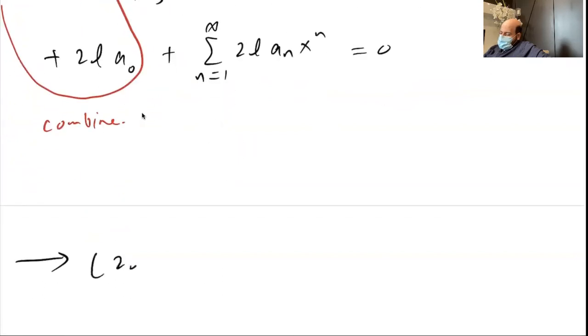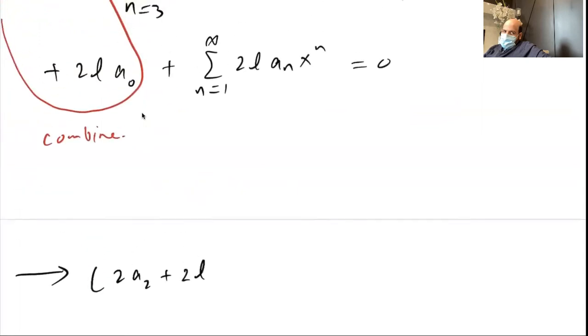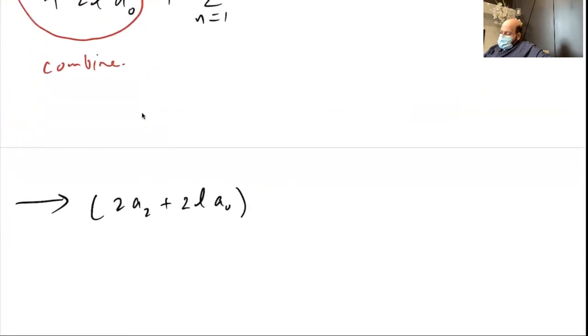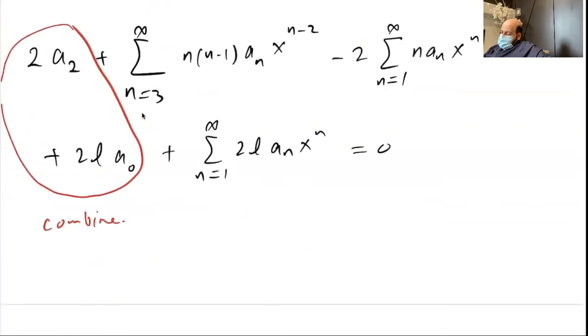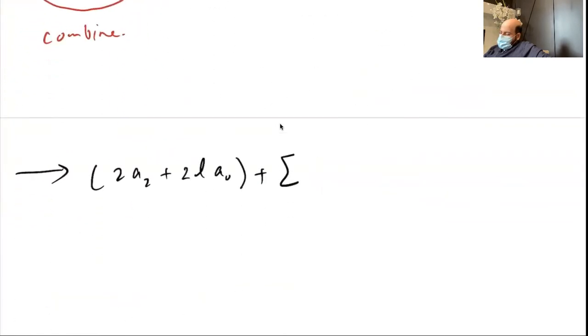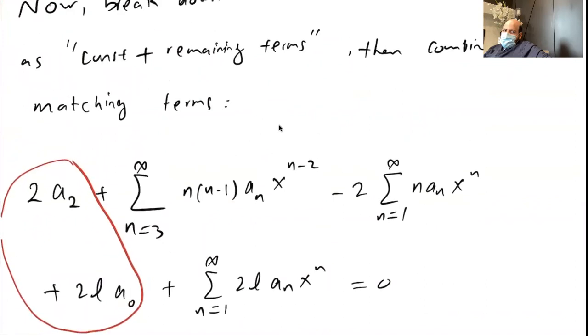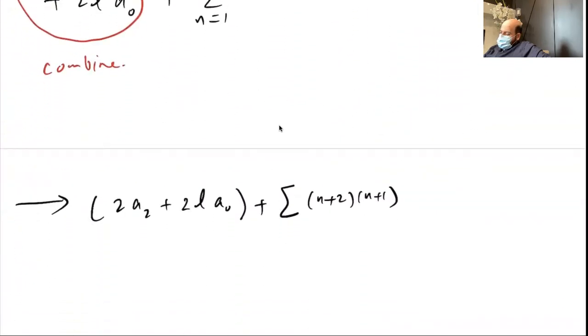So let me combine these together. 2a2 plus 2l a0. And then for this sigma, I am changing n to n plus 2. So it becomes n plus 2 times n plus 1, a n plus 2, x to the power n from 1 to infinity.